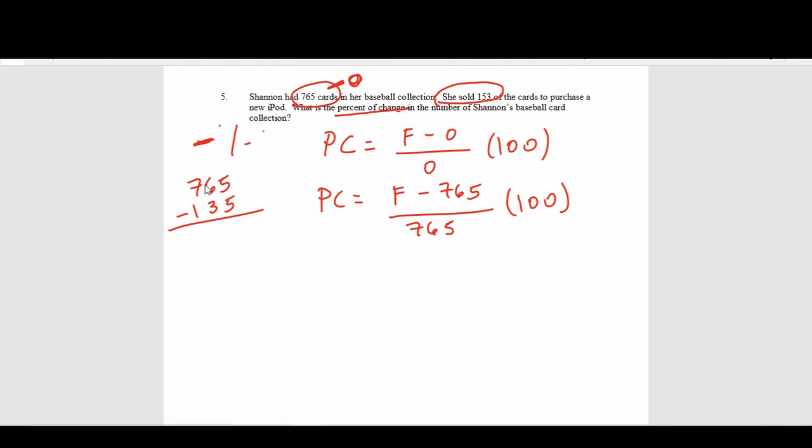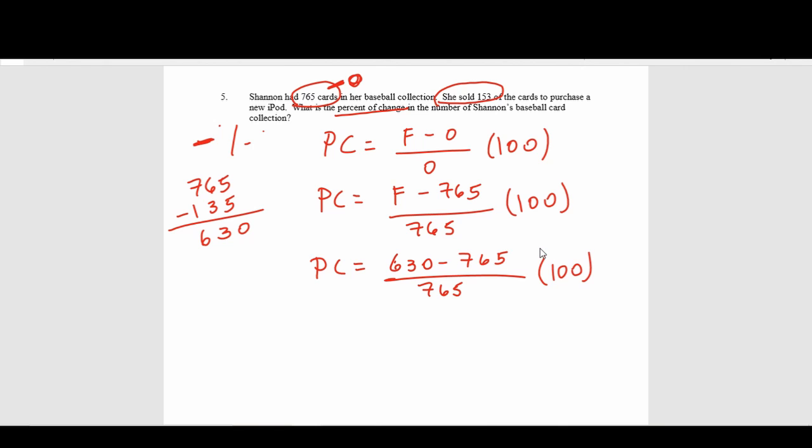135. 5 minus 5 is 0. 6 minus 3 is 3. 7 minus 1 is 6. So let me show you what I'm talking about here, because I want to point this out, because this is a little bit tricky. This is going to be 630 minus 765 over 765 times 100.